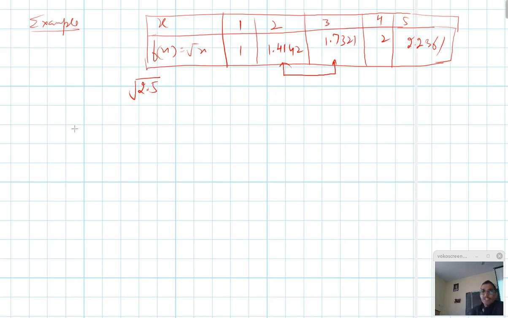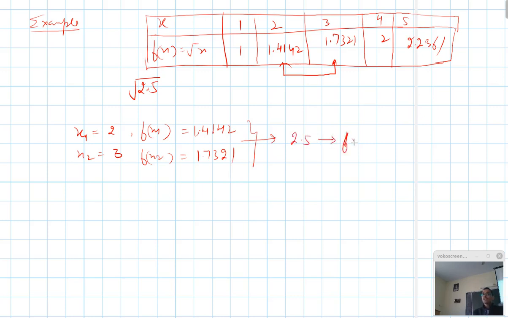So x1 is 2 and x2 is 3, and corresponding to it, f of x1 is 1.4142 and f of x2 is 1.7321, and we are interested in finding the value of f of x, because it is x.